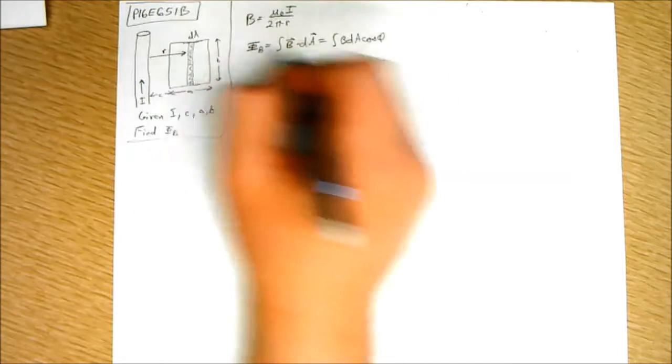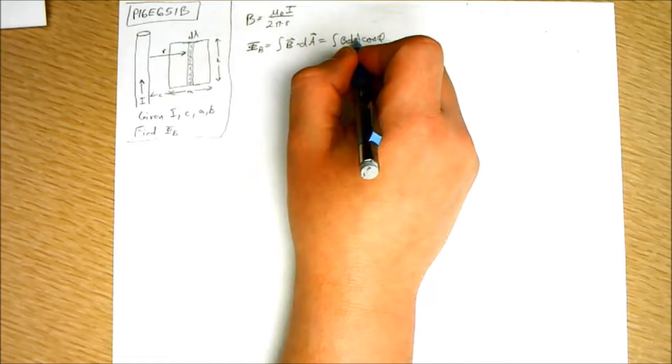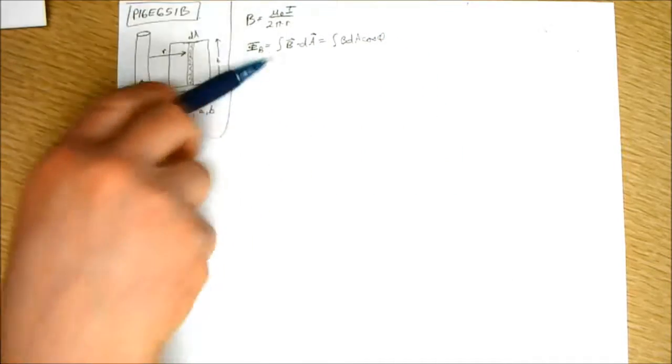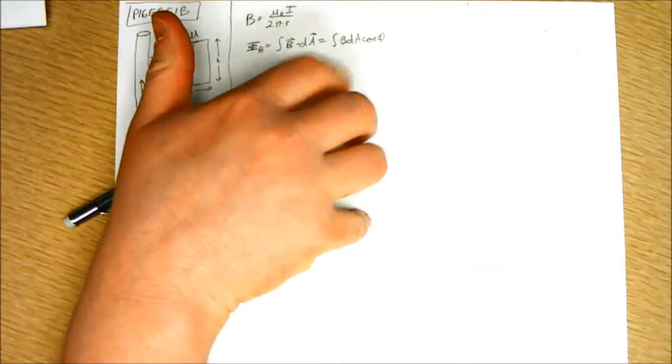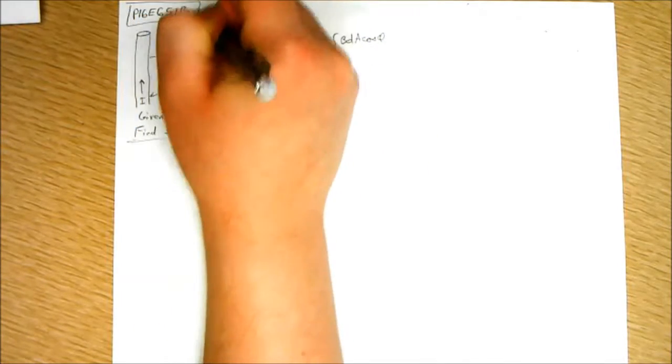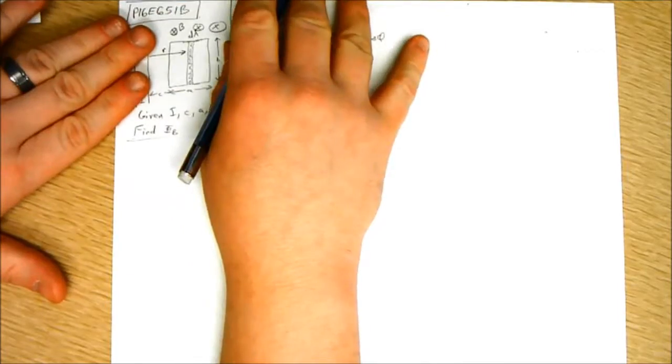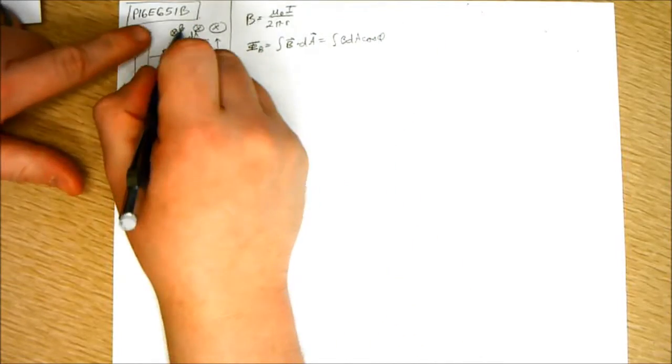Phi is the angle between the differential area element and the magnetic field. Well, the magnetic field is, if you use the right-hand rule, point your thumb in the direction of the current, your fingers point in the direction of the magnetic field, so the field is into the board everywhere on this side of the wire, which is all we care about. Of course, its magnitude changes with r, but we know the direction.